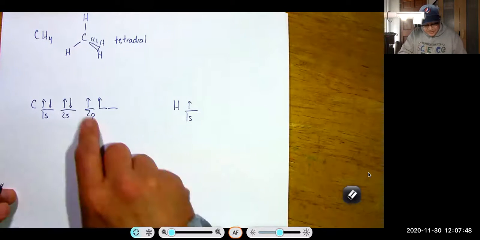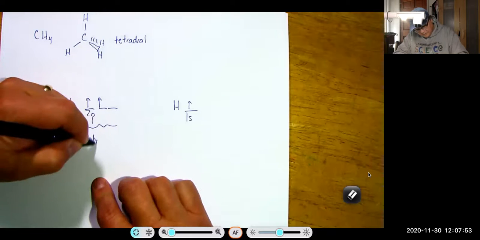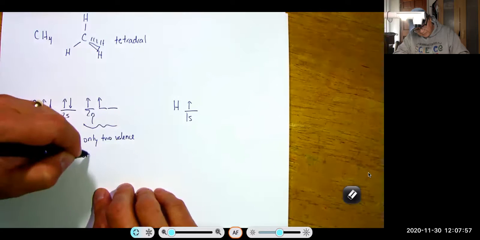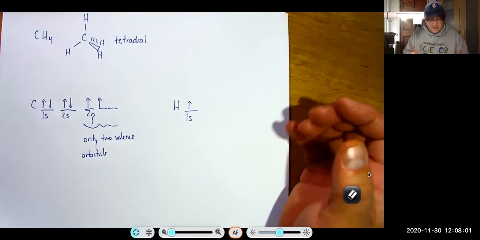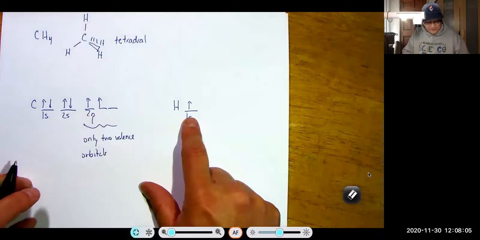So you can see here that we only have two valence orbitals with an electron each that can bond. So presumably carbon can only make 2 bonds with 2 hydrogens.